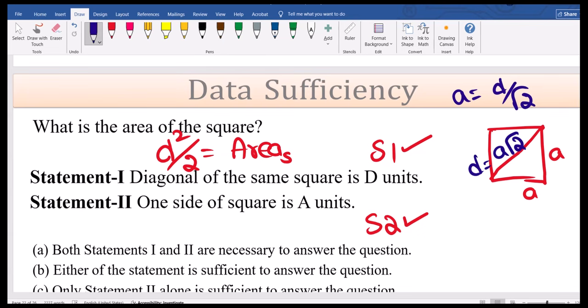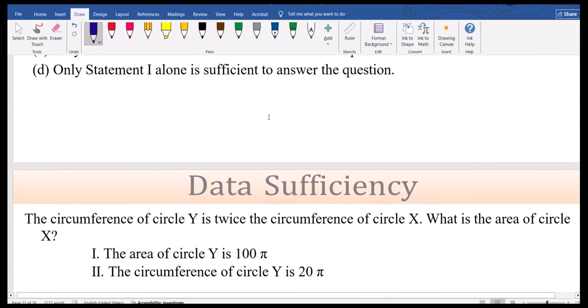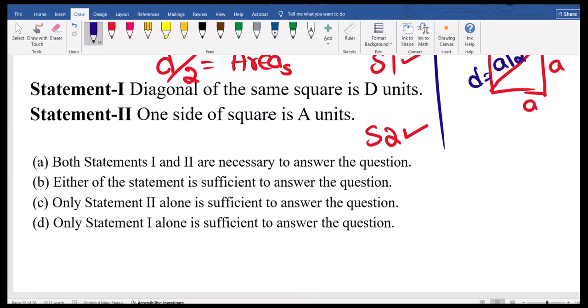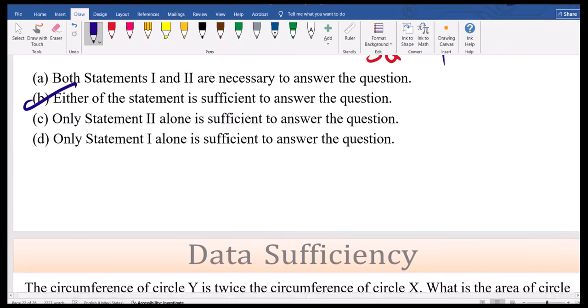Area of square is a square. In place of a, I can put d by root 2, and d square by 2 will come. Or else we can do it like that also. If side is a, small d is for diagonal. Using Pythagoras, root of a square plus a square, a root 2 will come. Then we can calculate the area of the square. When you know the diagonal also you can do it. So each statement alone, either of the statements.